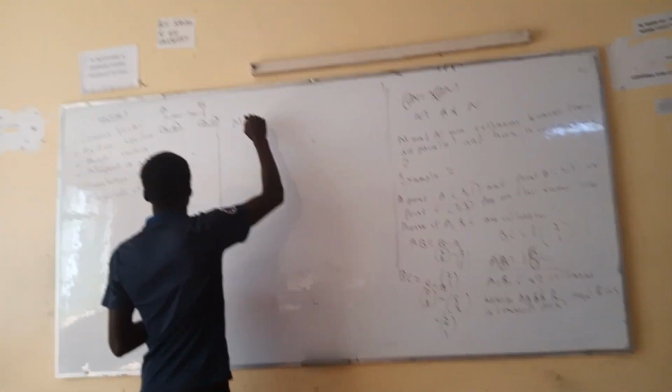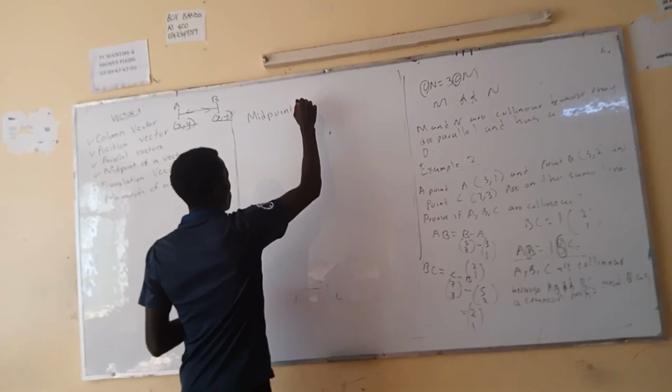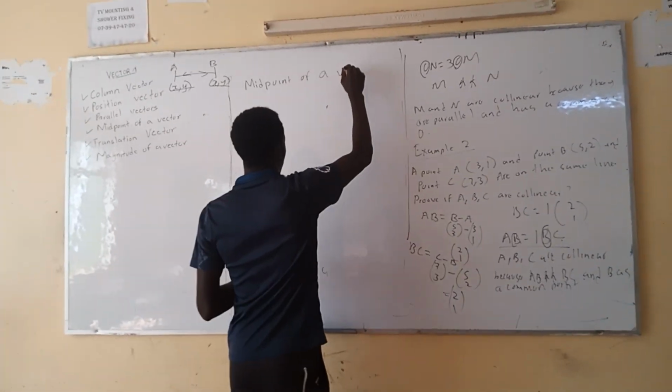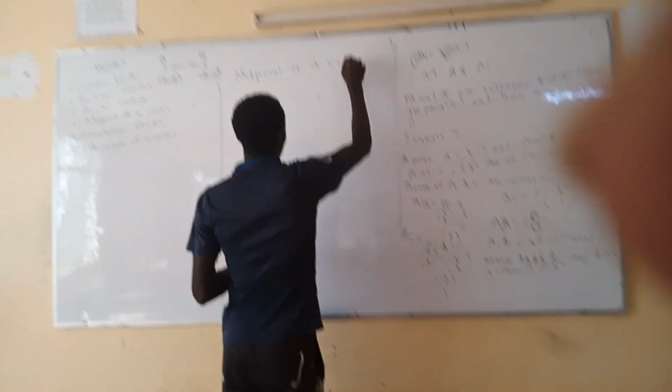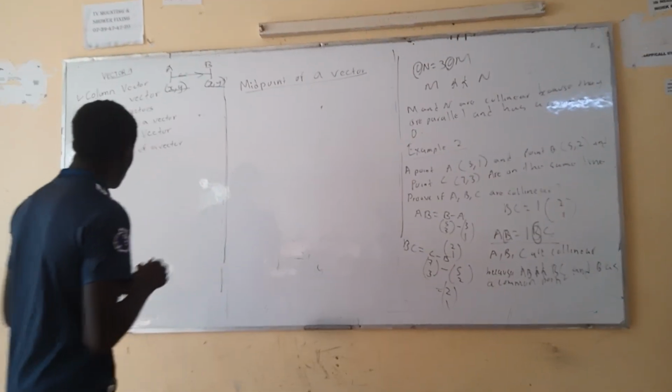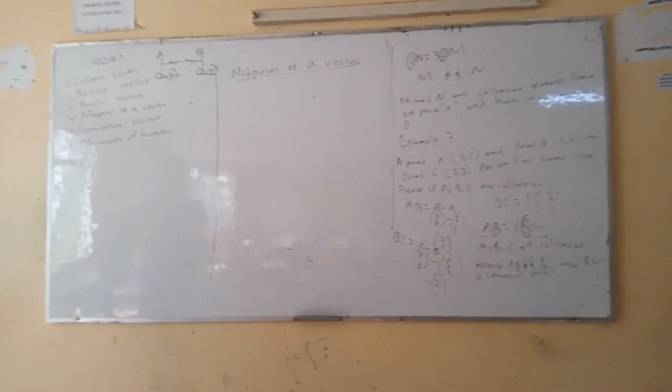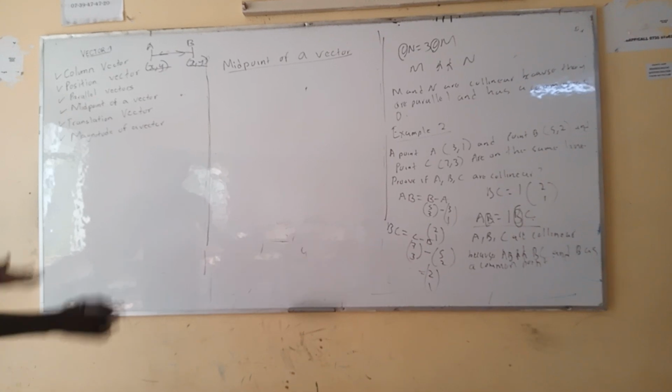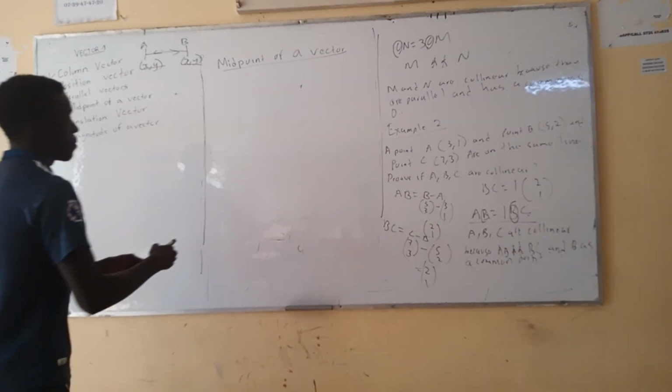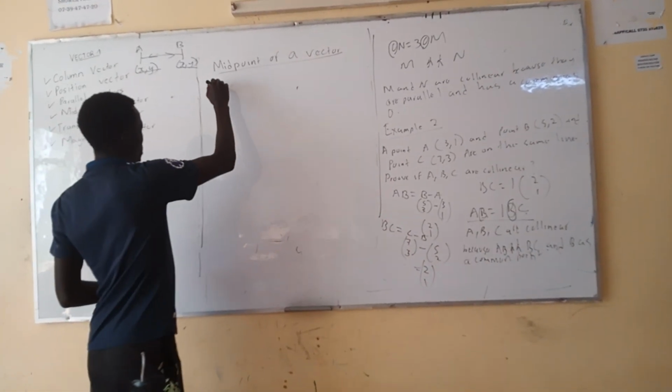In midpoint of a vector, midpoint is just the midline of a vector. So, example, we just do an example.